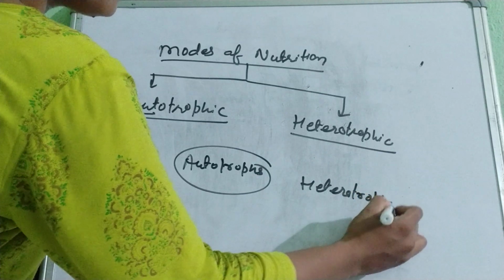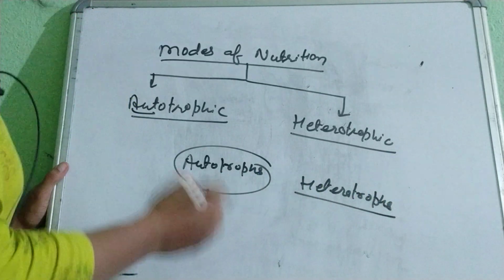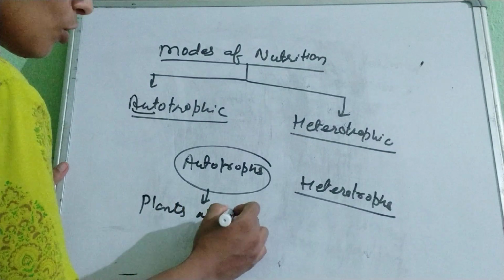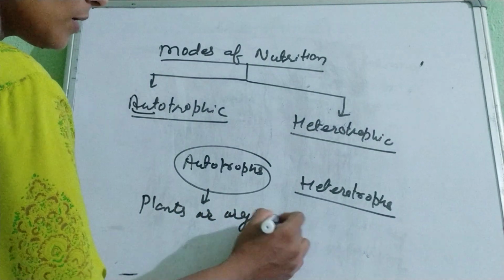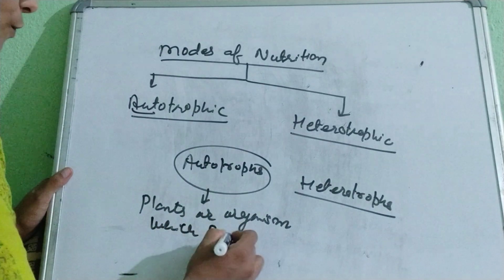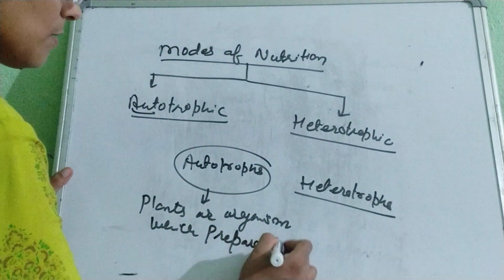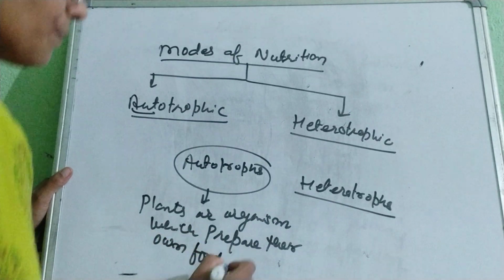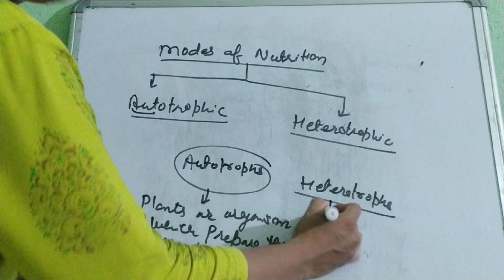Heterotrophs. So autotrophs means plants or organisms which prepare their own food, okay, and heterotrophs means what?